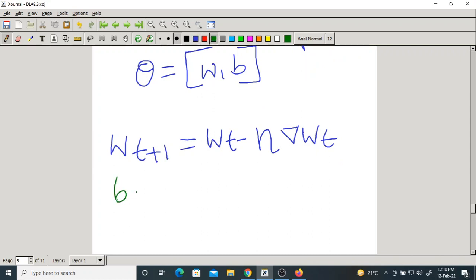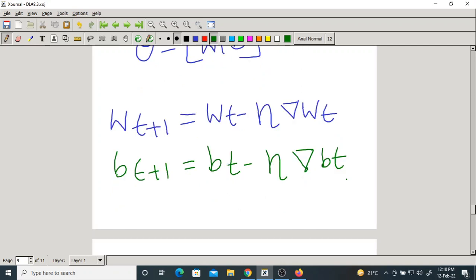And b of t plus 1 will be the same: b of t minus eta del b of t. Now these are actually not gradients, they become partial derivatives. Why? Because only one variable is there, no? Now this is the learning rule. This is the best way of learning the parameters in each iteration.